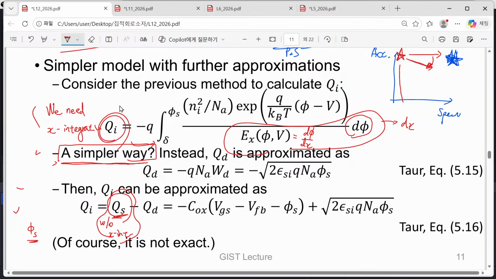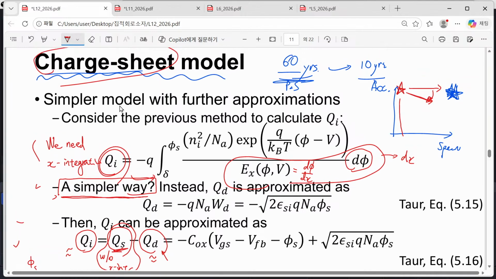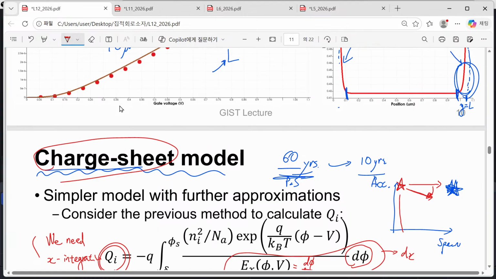And if we have a good enough approximation for Q sub D, the depletion charge, let's say, I'm not saying that this is exact, but if this is good enough, then our calculation for Q sub I will also be good enough. So think that A and B, their sum is known to be exactly 100. Then what is B?